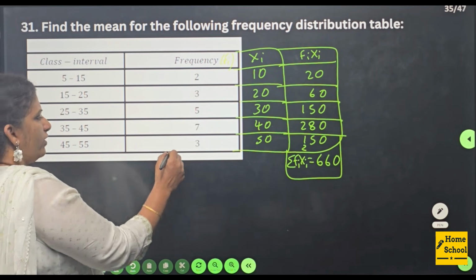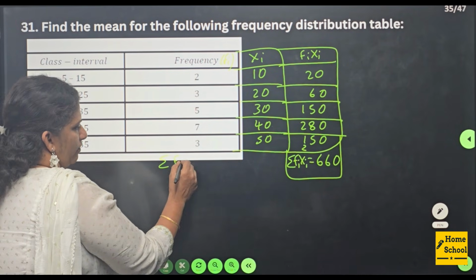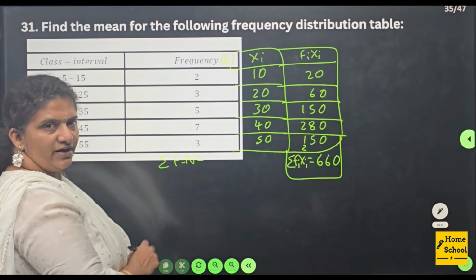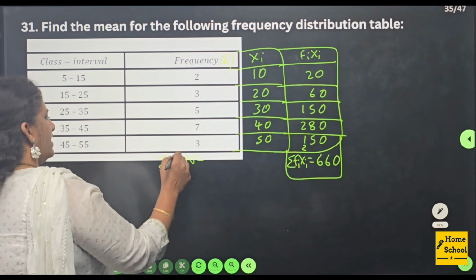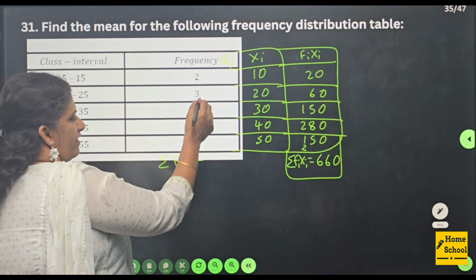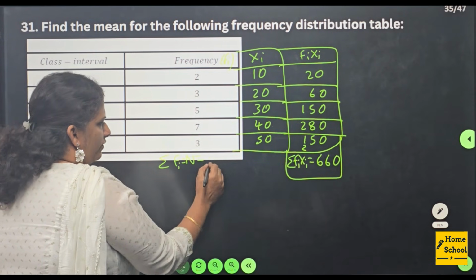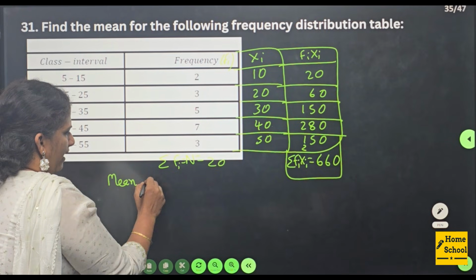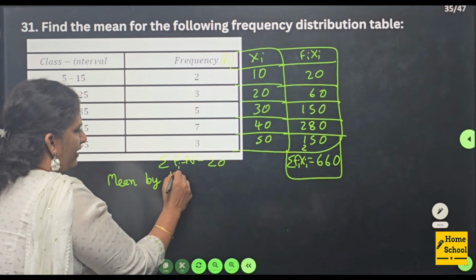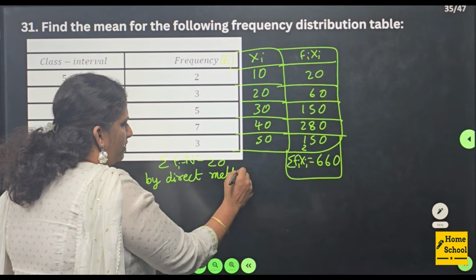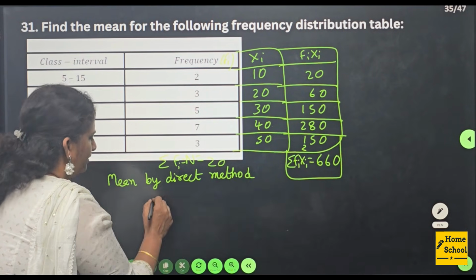And total frequency, summation of frequency, this is also called n or summation f, or summation fi, you can say. Add all these: 2 plus 3, 5, 10, 17, 20. Now mean by direct method. What is the formula for mean by direct method?